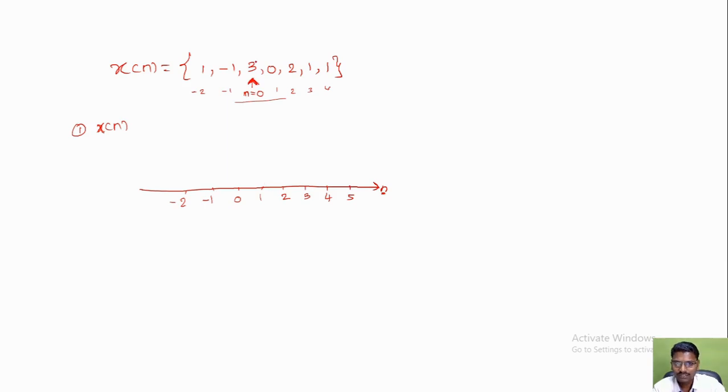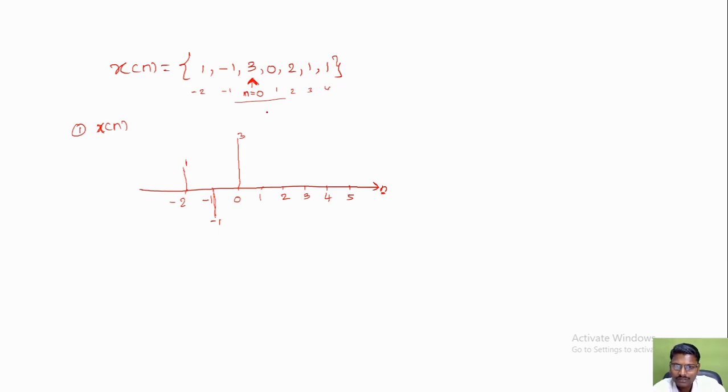For n is equal to 0, the amplitude is 3. For n is equal to -1, the magnitude is -1. For n is equal to -2, the value is positive 1.